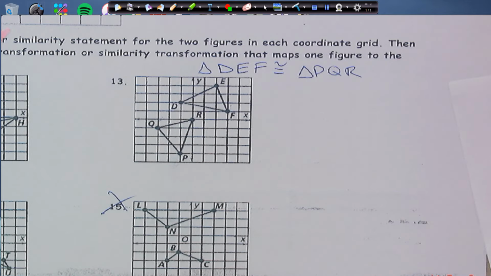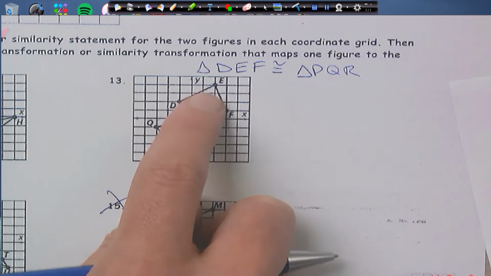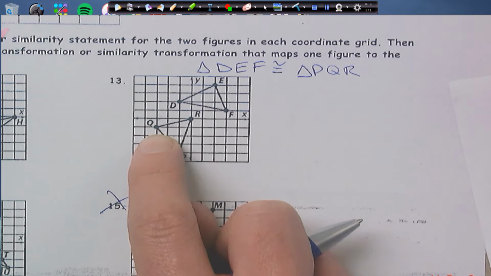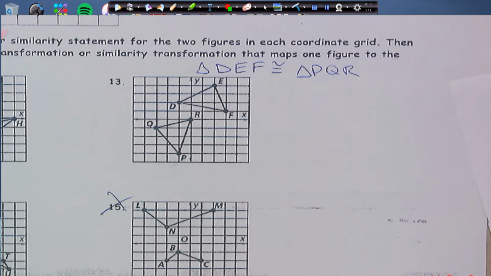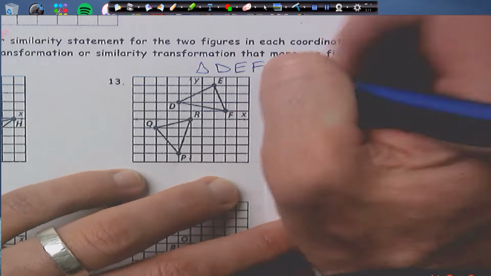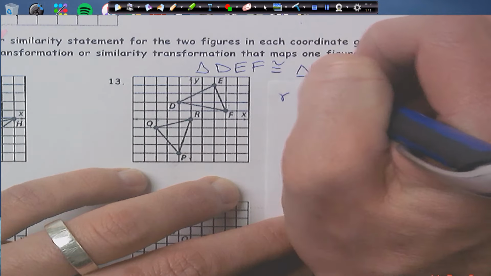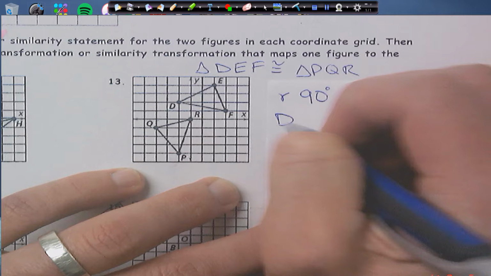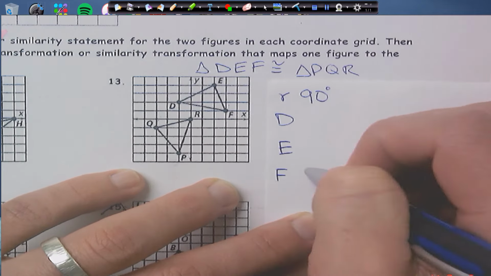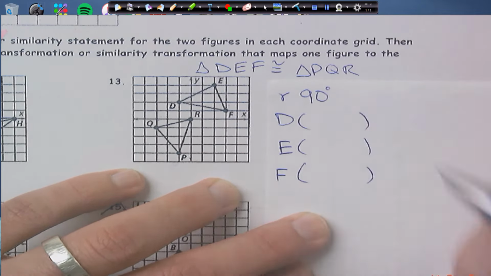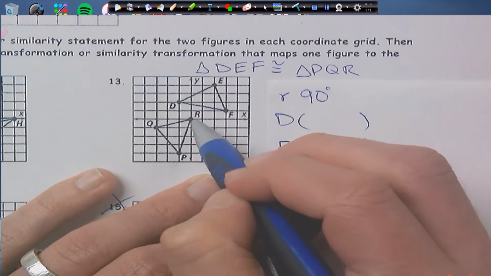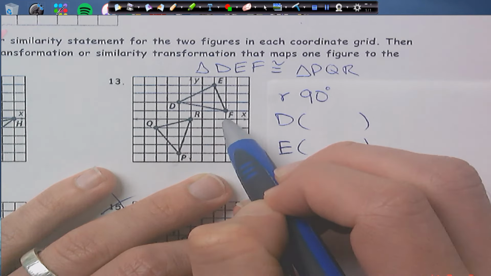So what we're going to do is try doing a rotation on this and see what we get. Okay? So I'm going to rotate this guy right here 90 degrees and see if we can get him into place. Alright? So let's try a rotation of 90 degrees, that's positive, and we're going to get D, E, F, and let's write those points in. Let's see, F is going to be at 3, 1.